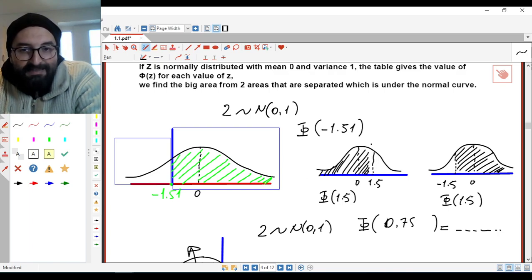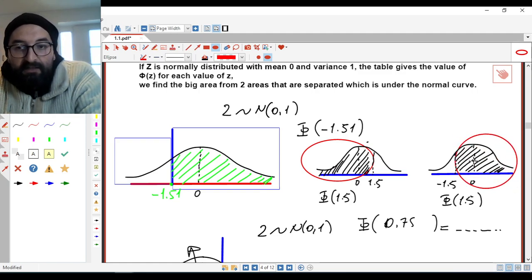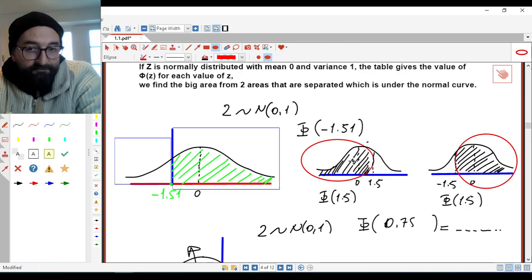Less than 1.5 is the big area, and more than negative 1.5 is this area, which equals this area.